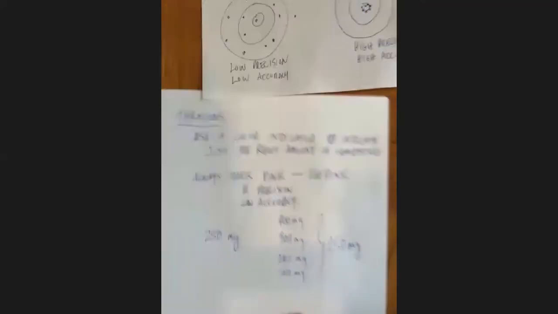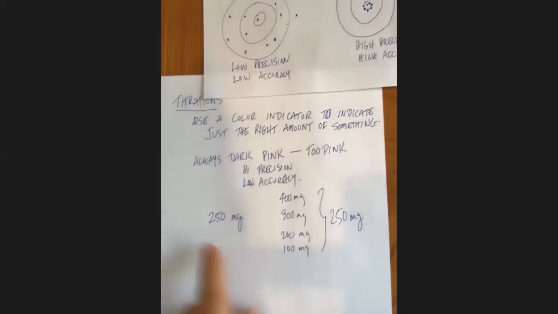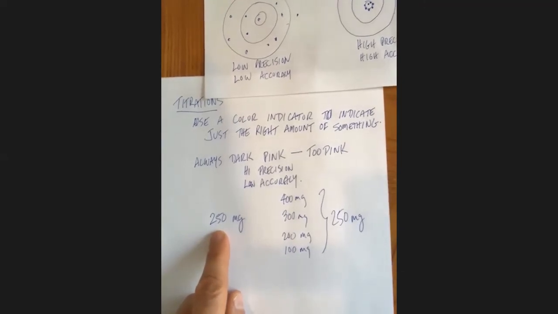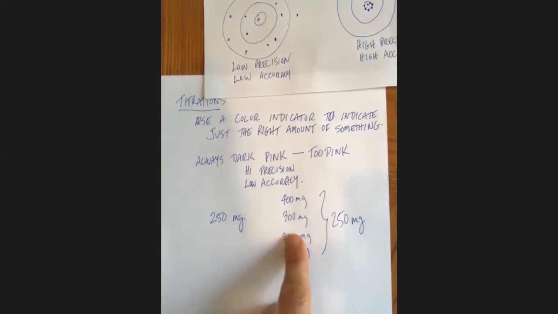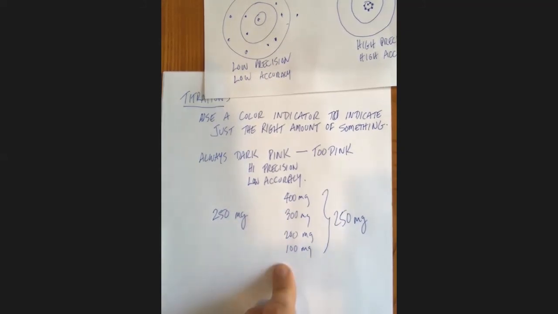So if you're making a medicine and you want to have 250 milligrams in a dosage or in a pill, you better make sure that you get precise and accurate along the way, or else you're going to sometimes be doing this. Not cool. Really, really not cool.